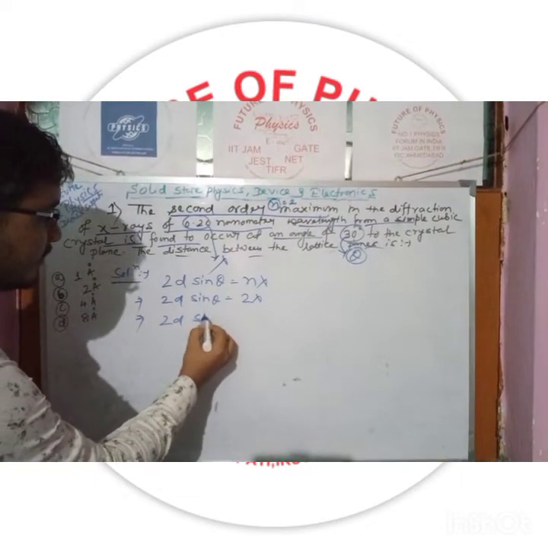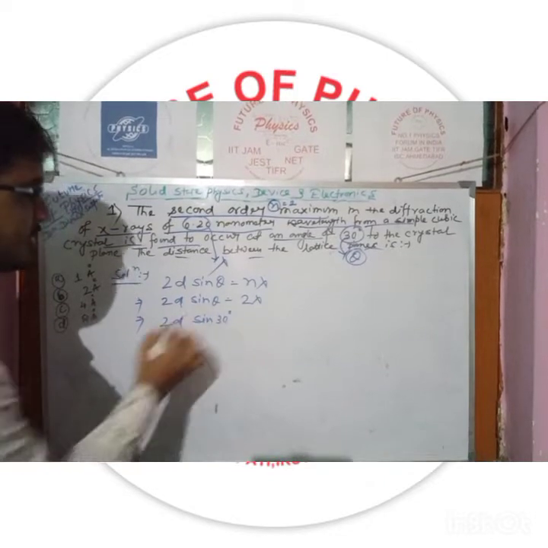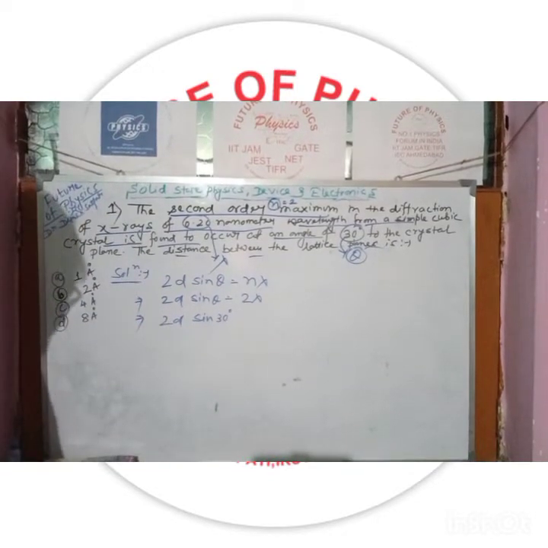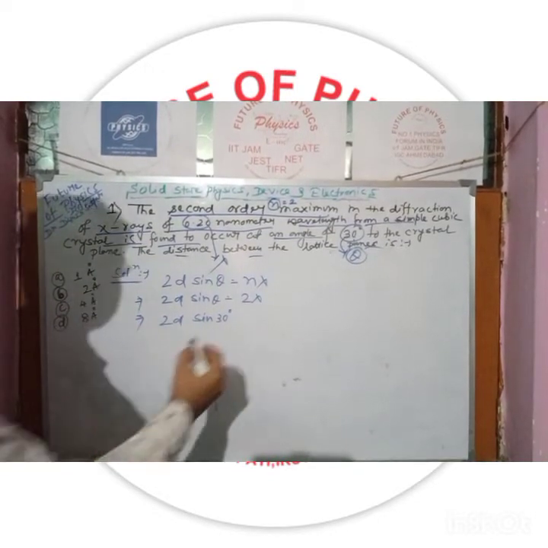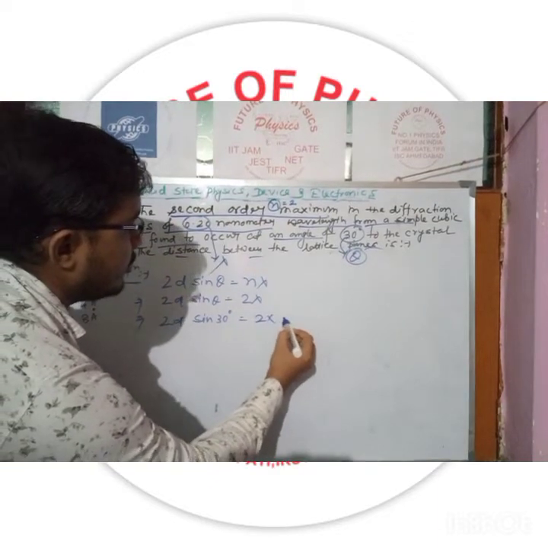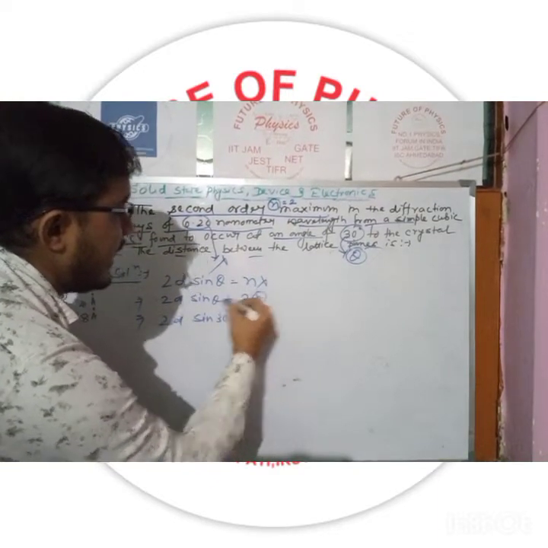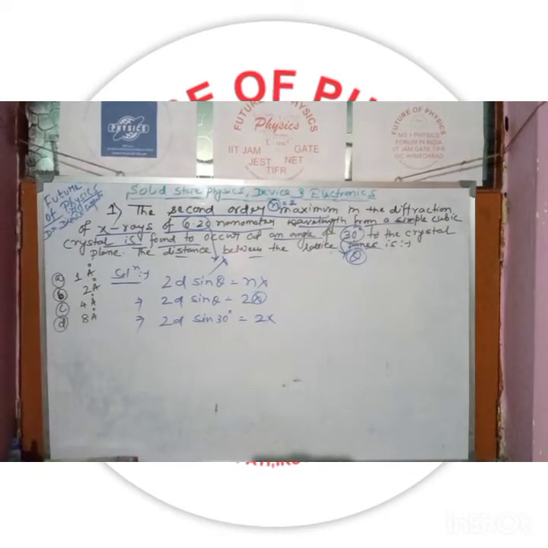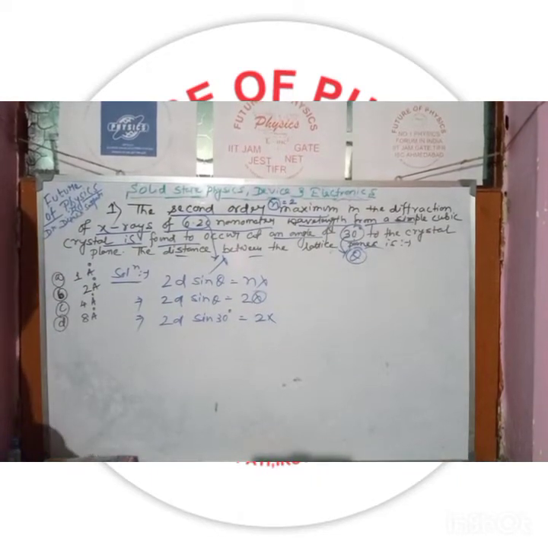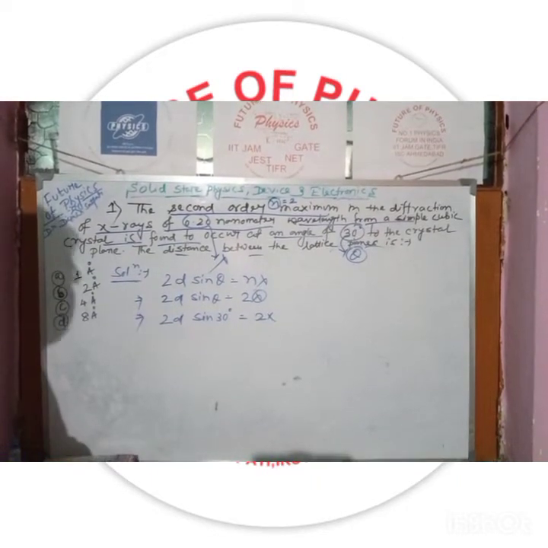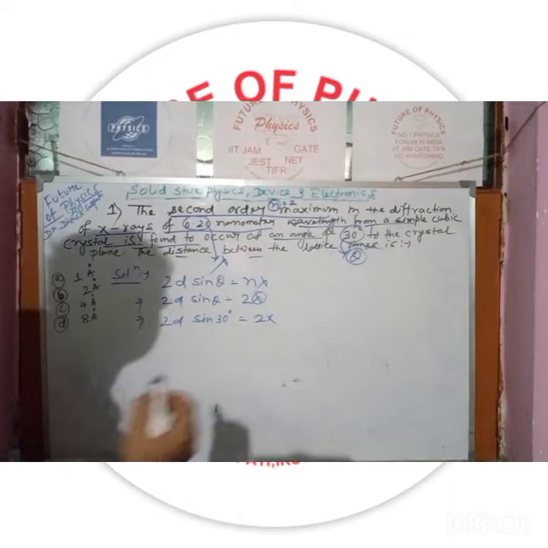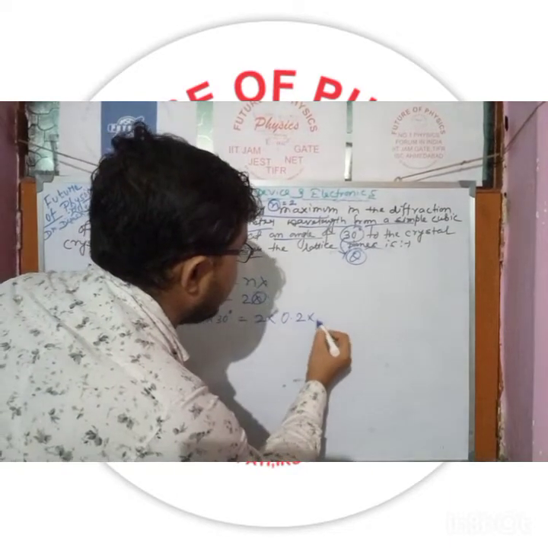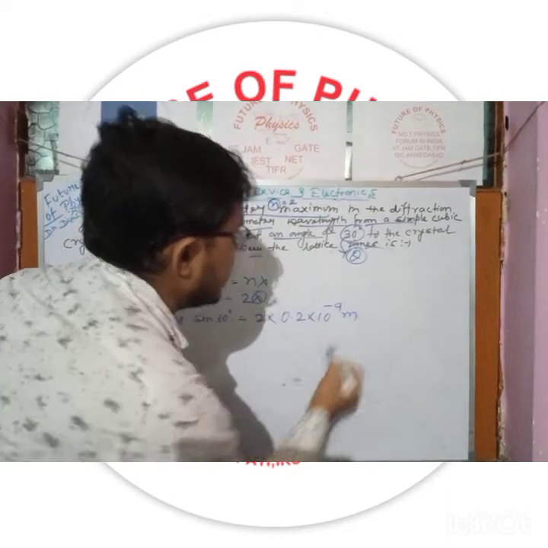With theta equal to 30 degrees, this is equal to 2 into lambda, 0.20 nanometer, which is 0.2 into 10 to the power minus 9 meter.